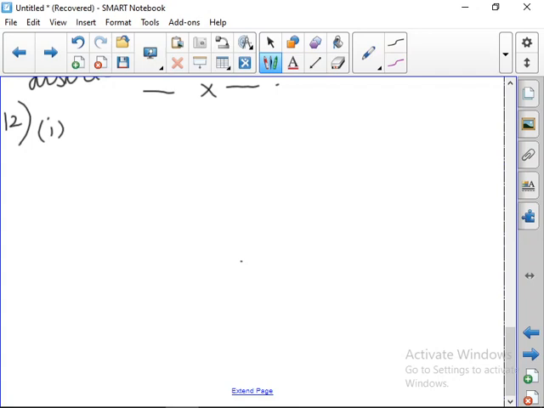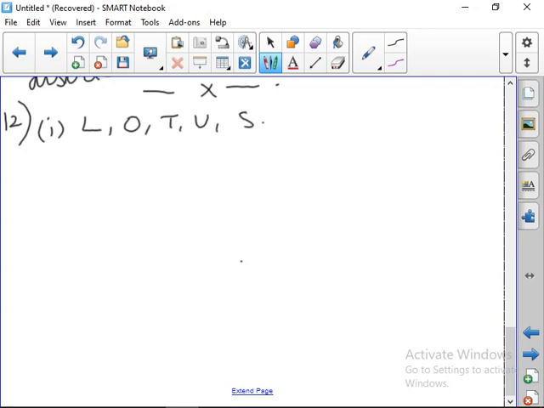Second one, neither starts with L nor ends with S. Okay, so here first one is either or. So what are the letters in the word lotus? So lotus, L O T U S.